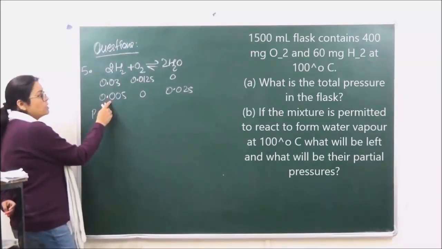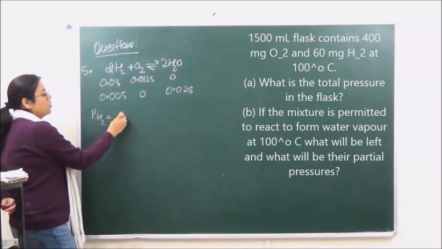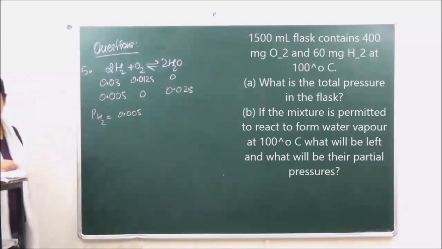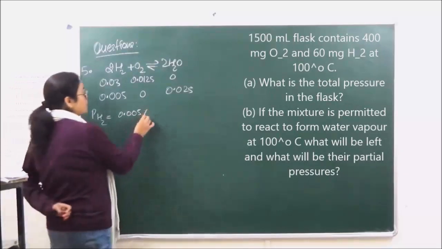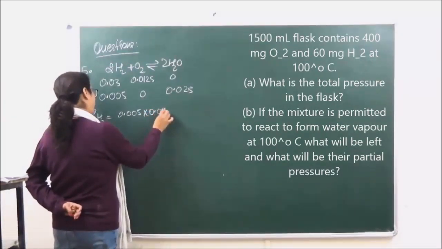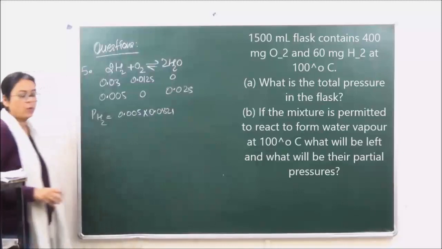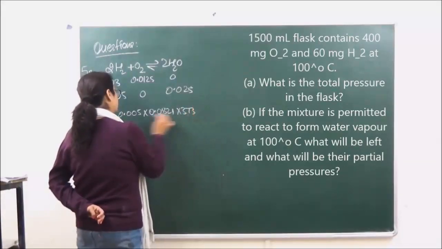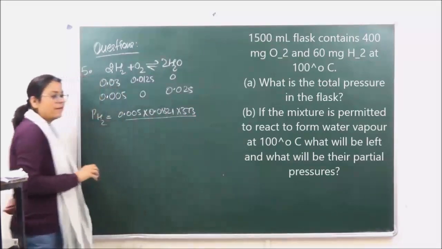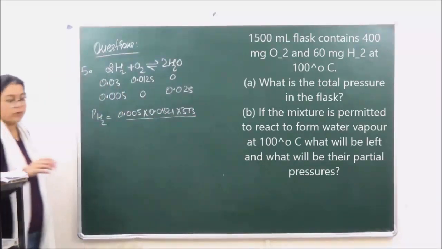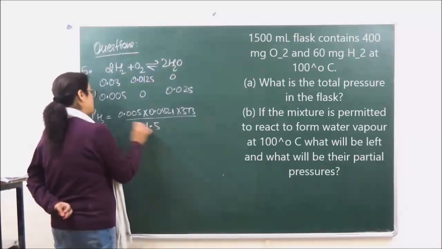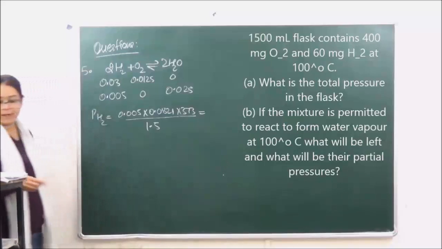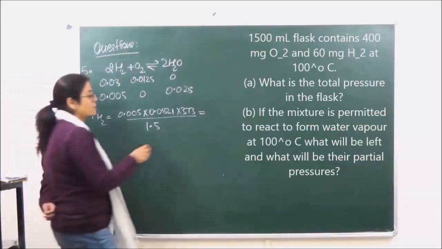This is number of moles, right? That is 0.005 into R, 0.0821, into T, 373, upon the volume, which is 1.5. When we calculate this, the pressure comes to 0.102.